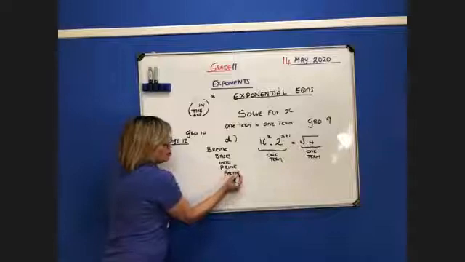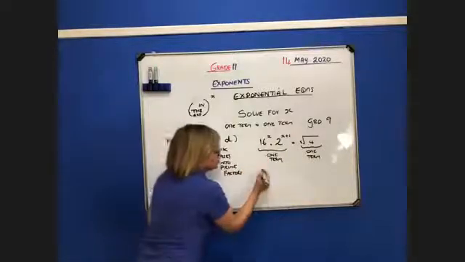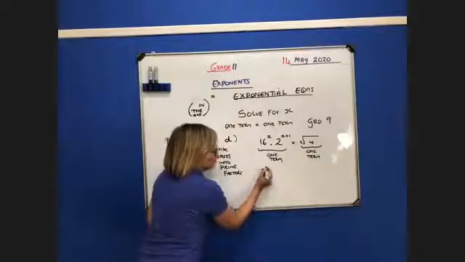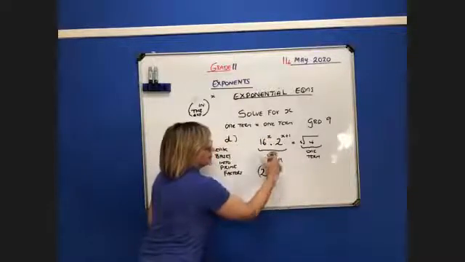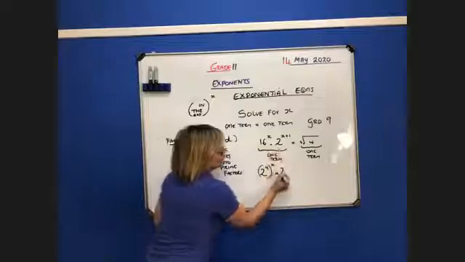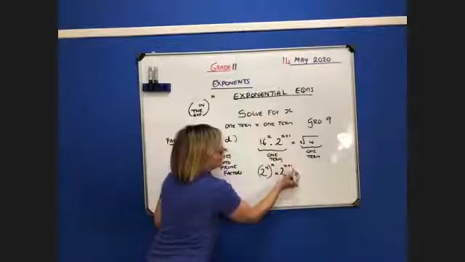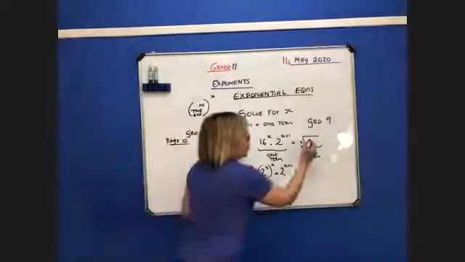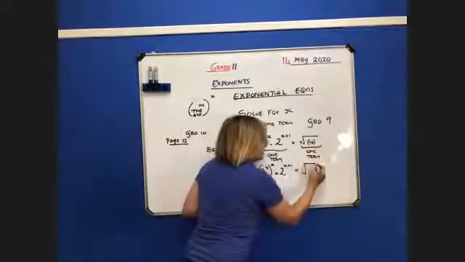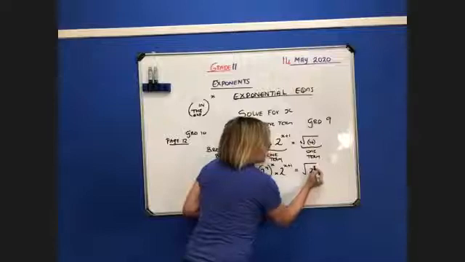All right, 16 is 2 to the 4, and I'm raising that to the x times 2, which is prime, equals. Now, 4 is 2 squared.